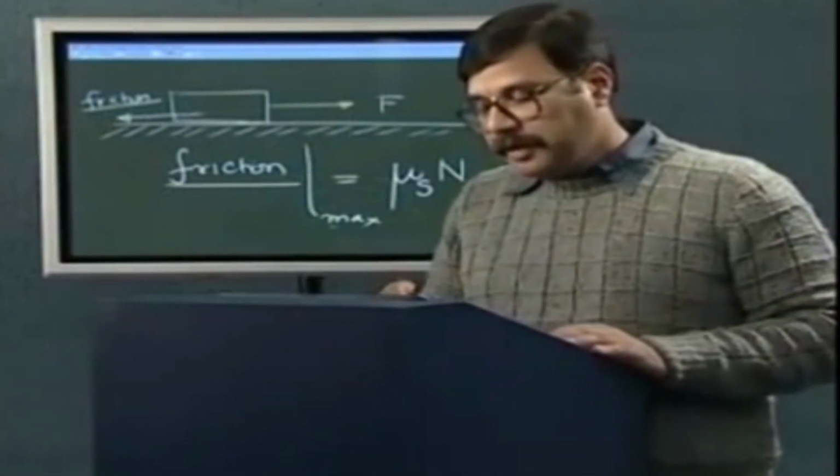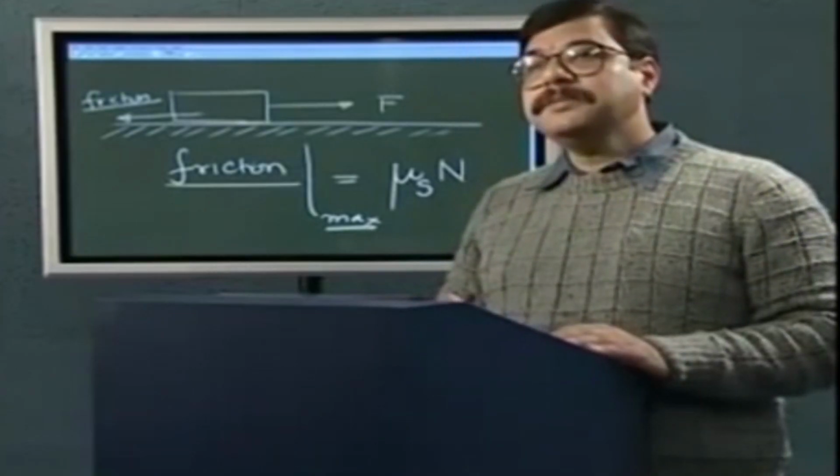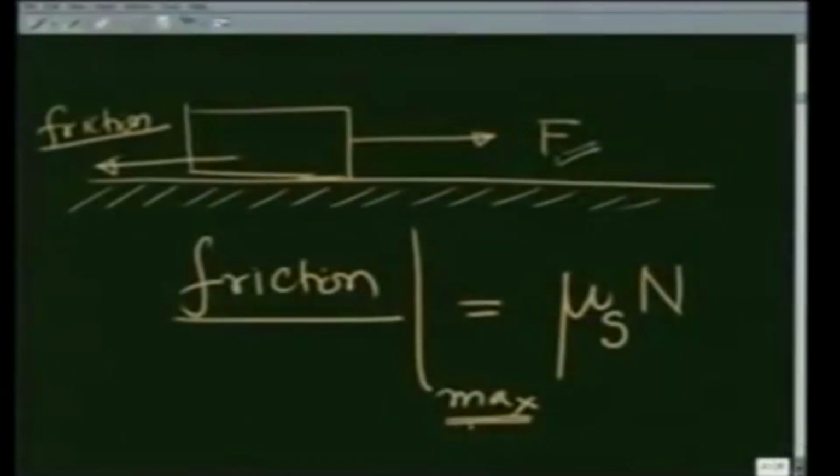Notice that I have written a maximum here, to indicate that that is the maximum possible frictional force that is available. Of course, the frictional force adjusts itself as I vary this force. So the maximum possible is this, otherwise it is always less, just sufficient so that this body doesn't move. What is N?